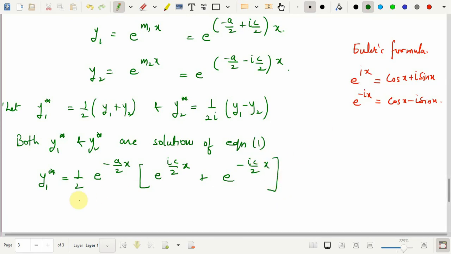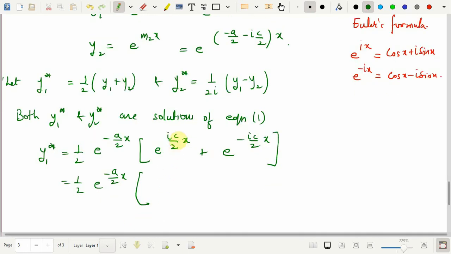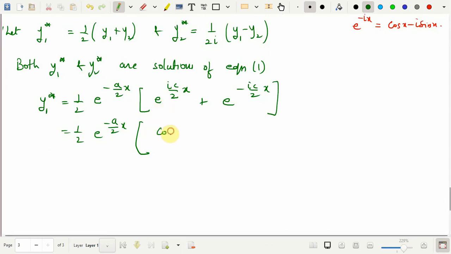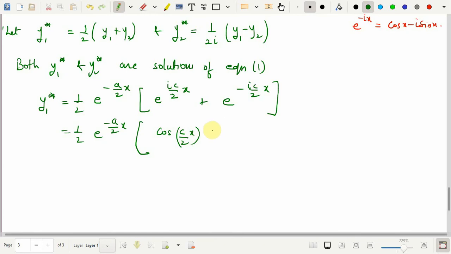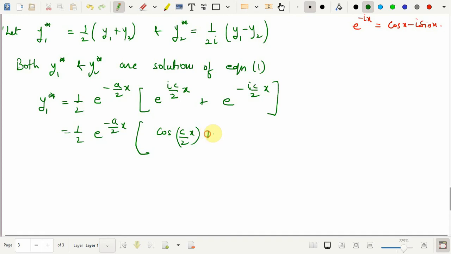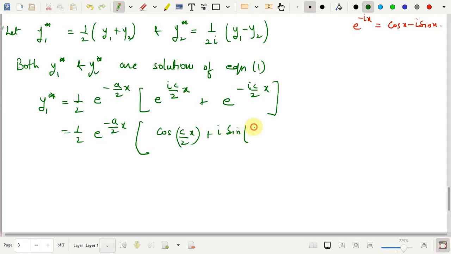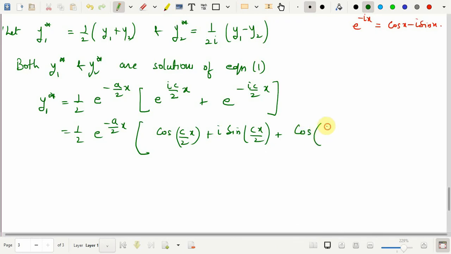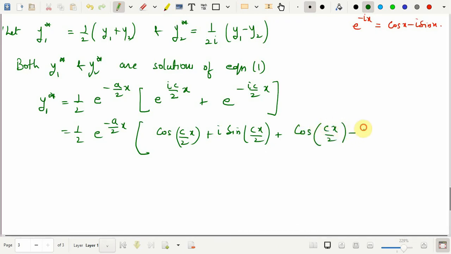Now using Euler's formula I can write this whole thing as, instead of x you have now cx by 2. The first term will be cos of cx by 2 plus i times sine of cx by 2, and the second will be cos of cx by 2 minus i times sine of cx by 2.